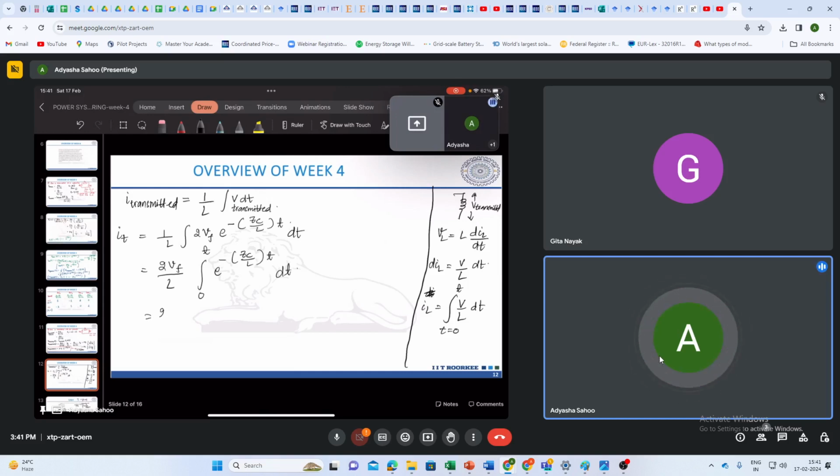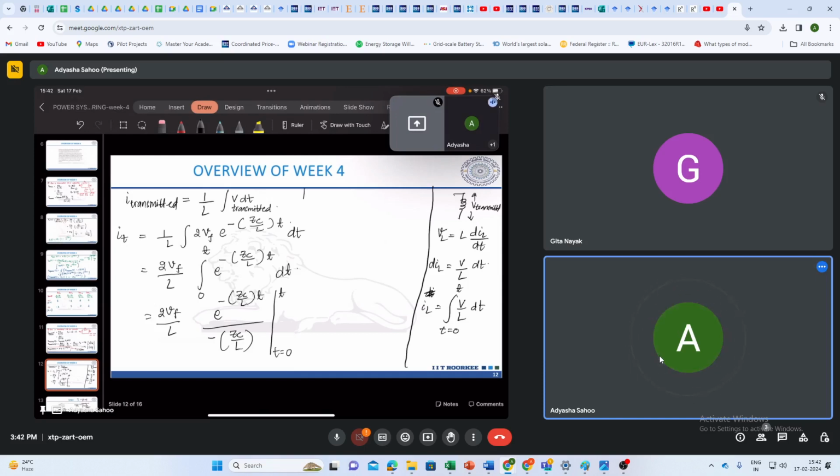So if I integrate this, I get 2V_F by L e^(−(Z_C/L)t) divided by minus Z_C by L, t equal to 0 to t.